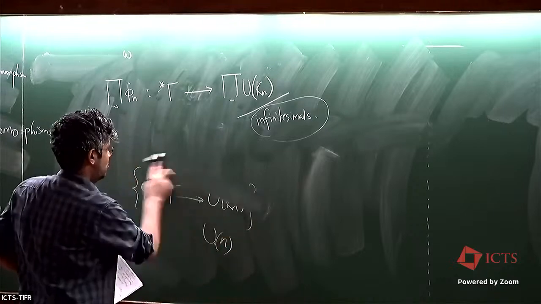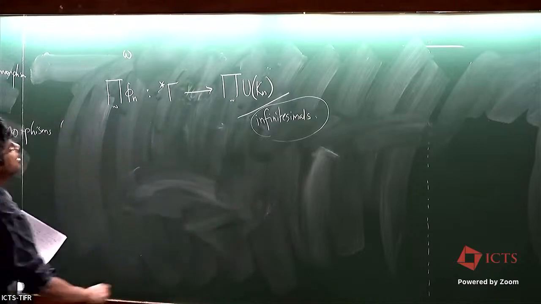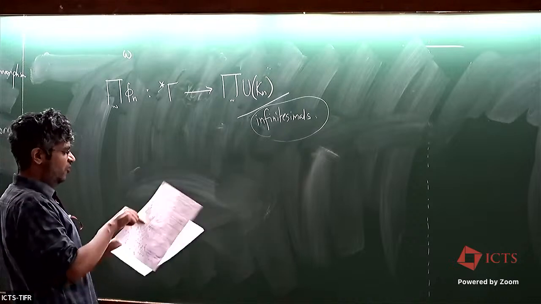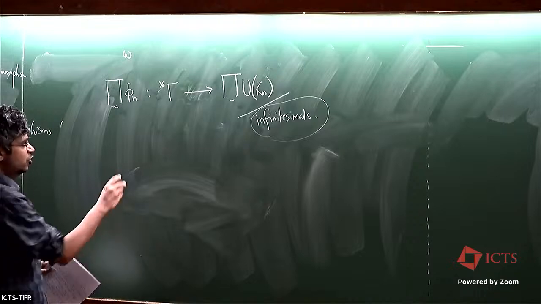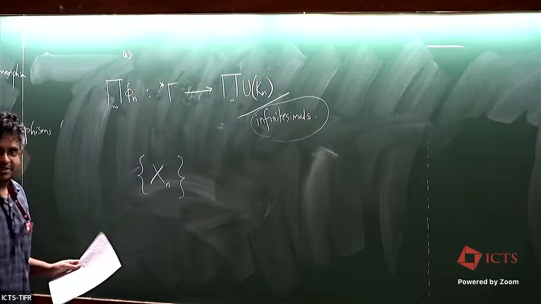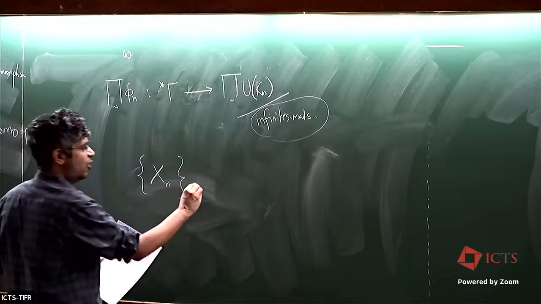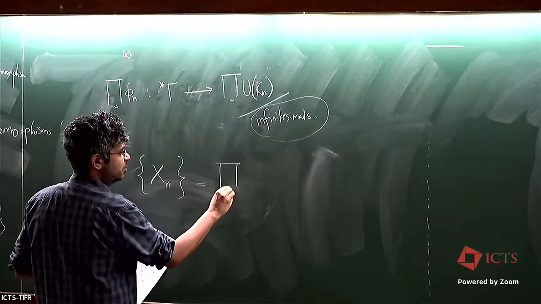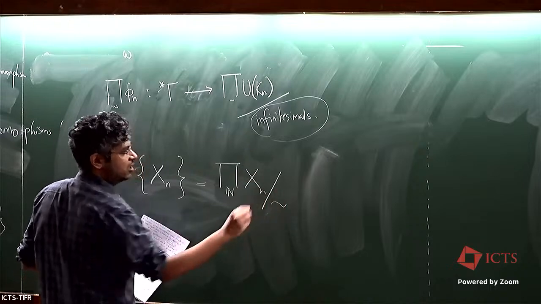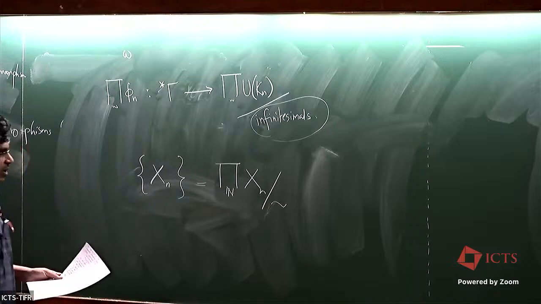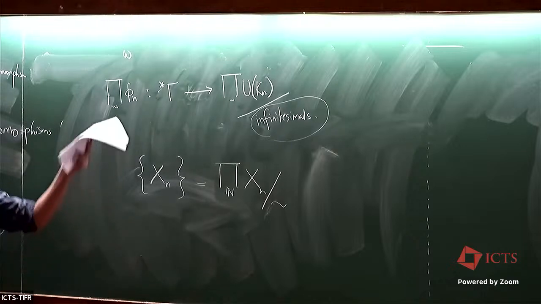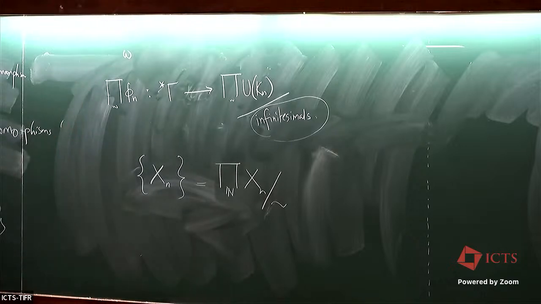Okay, so this is the formal algebraic ultra product. If you have some family of objects xn, it's a very formal product. You just take the product over the entire family and you make two elements equal if they agree almost everywhere with respect to the non-principal ultra filter.